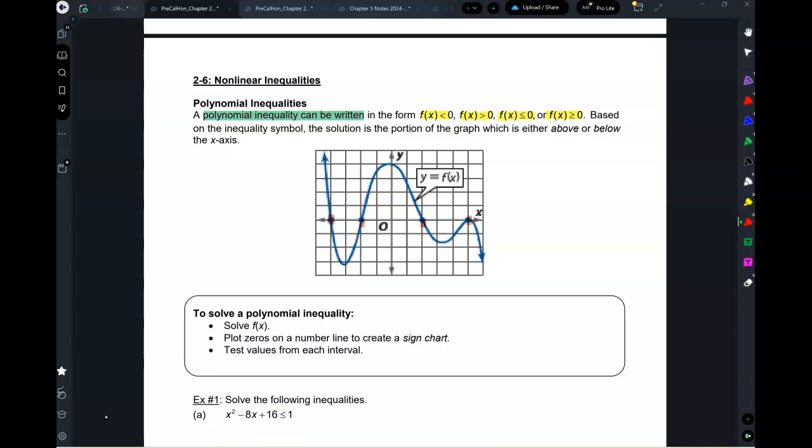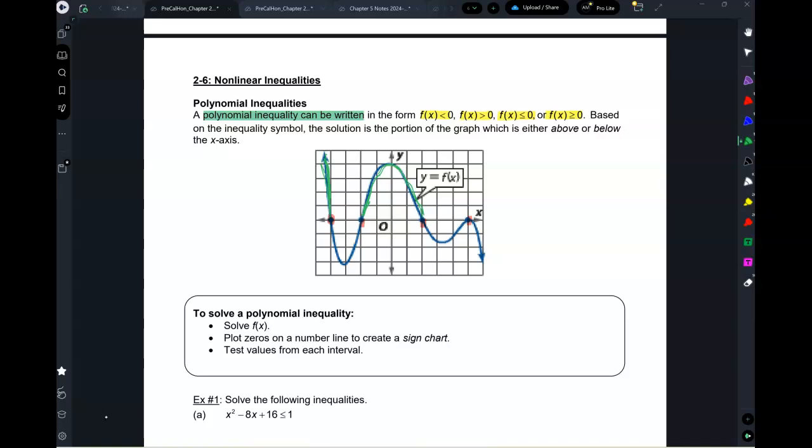Now, in this region, in green, all of the y values are greater than 0. So in that region, f of x is positive. Another region where f of x is positive is this.